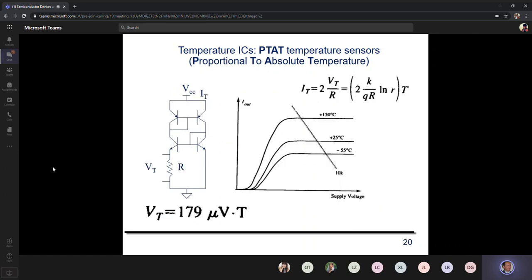Because if you consider, I'm pointing with the mouse, you are measuring the difference between the voltage VBE on the right, this one, and VBE on the other side. But in this difference, VB, that is the voltage of the common base of the two transistors with respect to ground, of course cancels out.